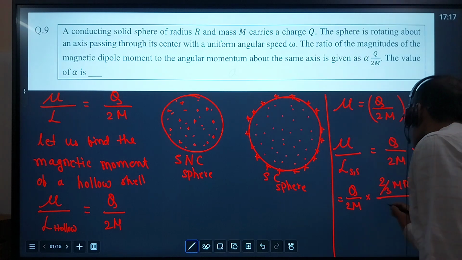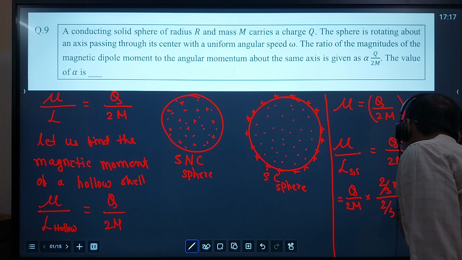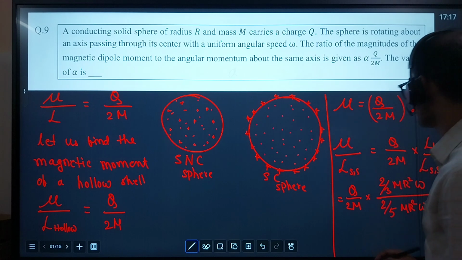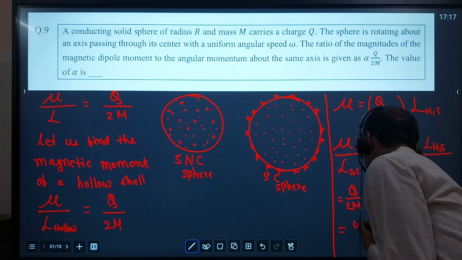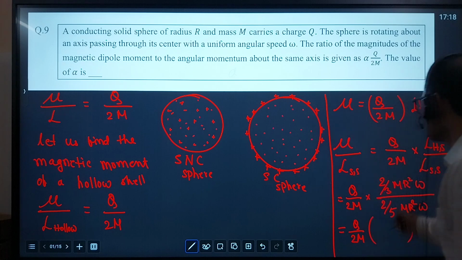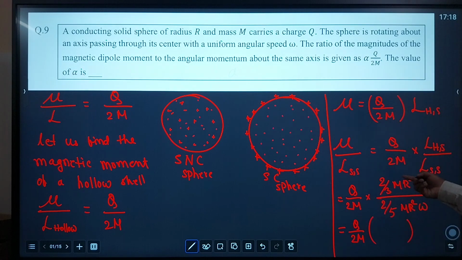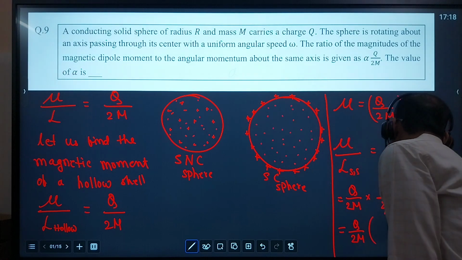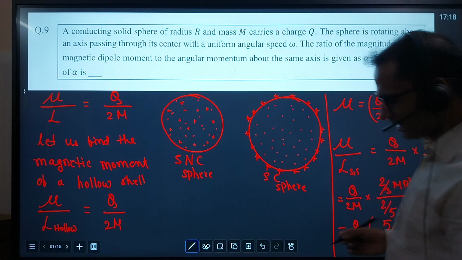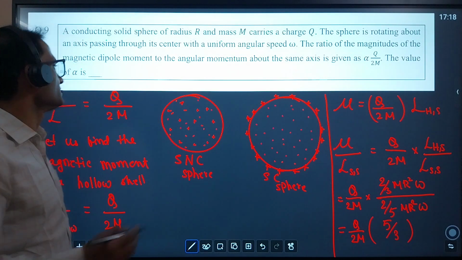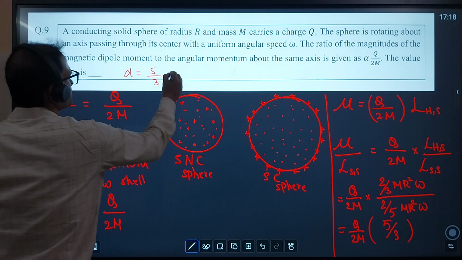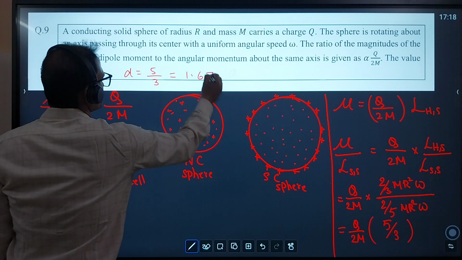For the solid sphere it is 2 by 5 m r square into omega. So we get q by 2m, and this 5 goes on top and 3 remains at the bottom, so 5 by 3. Alpha is 5 by 3, that is 1.67.